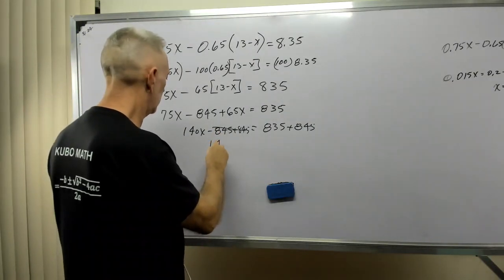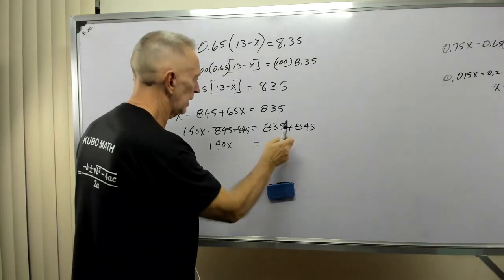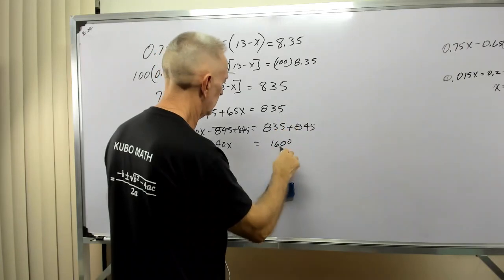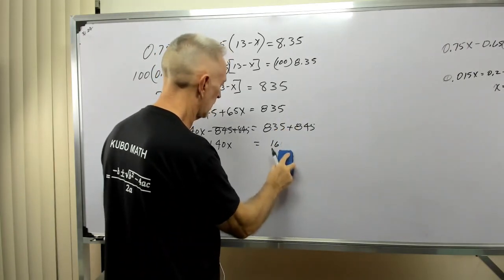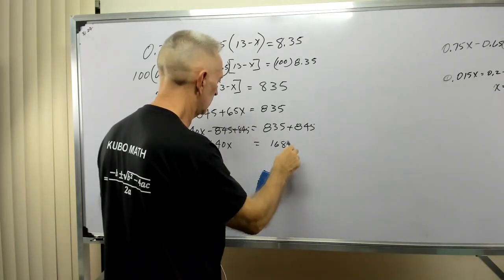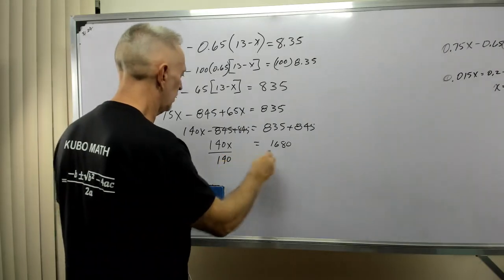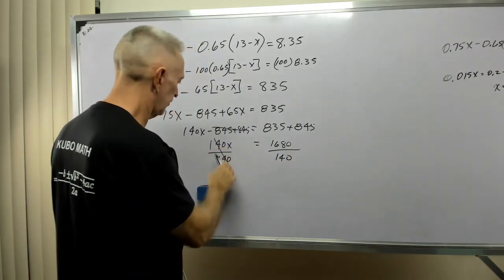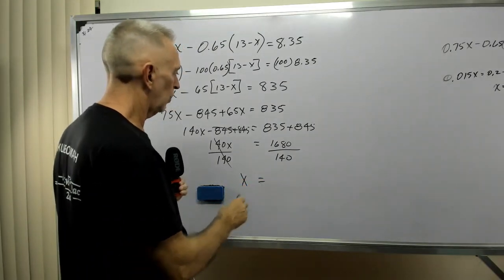So I end up with 140x equals, let's see, 835 plus 845 would be 1680. Okay. So I'm going to divide 140 on both sides. So 140 over 140 leaves me x, and x equals 12.